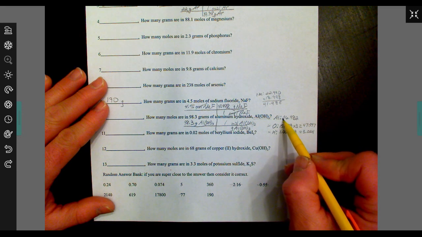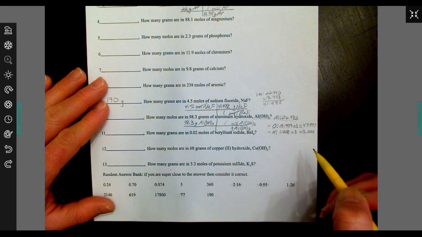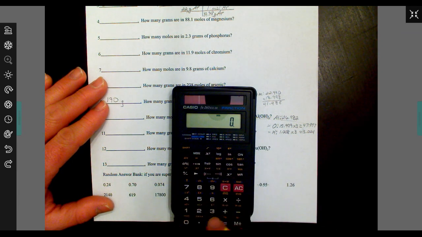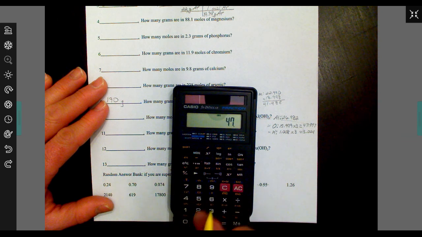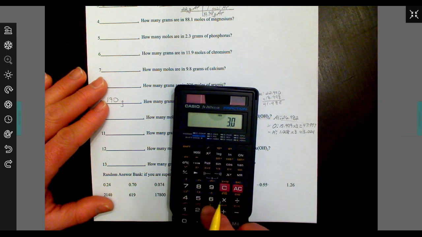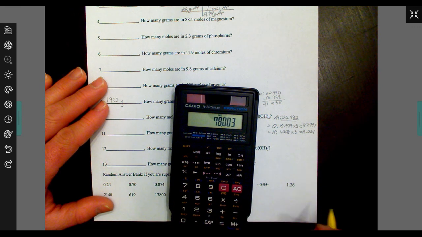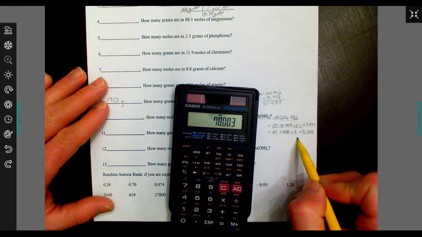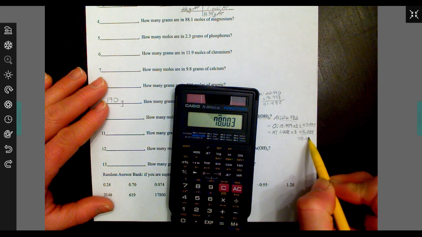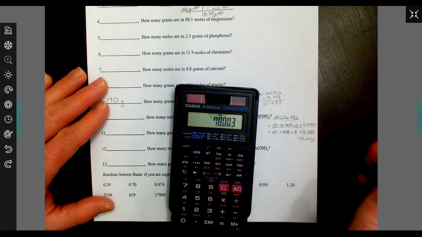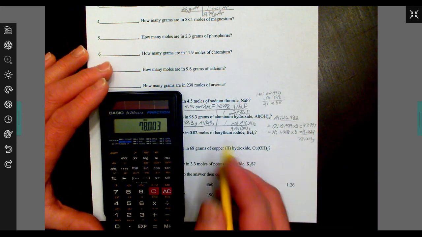Then I add that to my aluminum. Add all 3 of those up. Let's see what we get. 26.982 plus 47.997 plus 3.024 is going to equal 78.003 total grams, right?